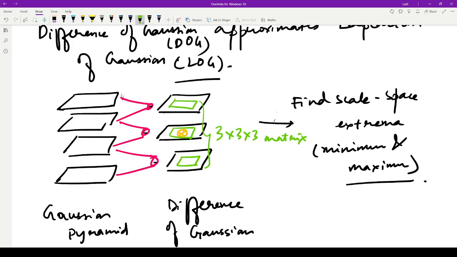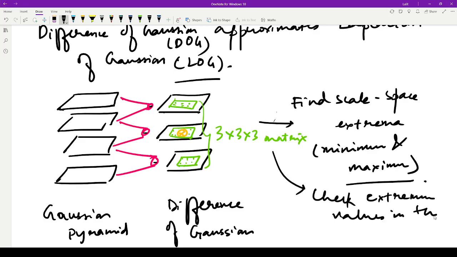Once we have this, we'll check the extremum values in this 3 cross 3 cross 3 matrix, since we want extrema.